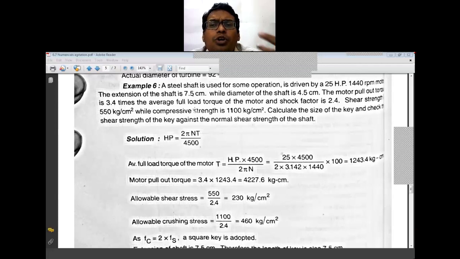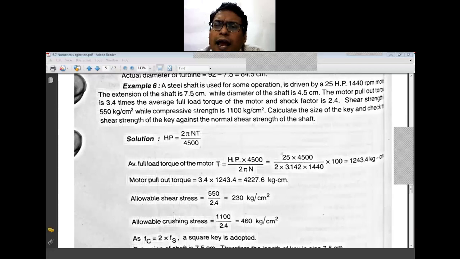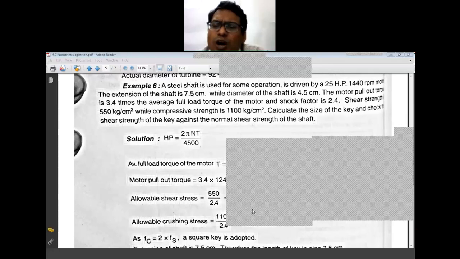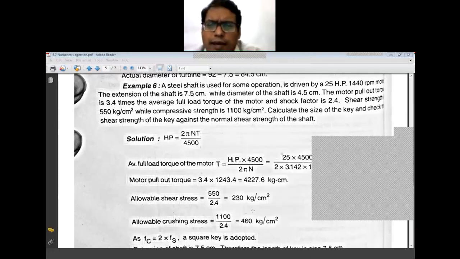Generally the rpm of the motor is 1500 rpm. Very few motors have 3000 rpm. These are the two most common rpms, 3000 rpm and 1500 rpm. The value may be slightly more or less, but generally it is a 1500 rpm motor, or the rpm of the motor is 3000.